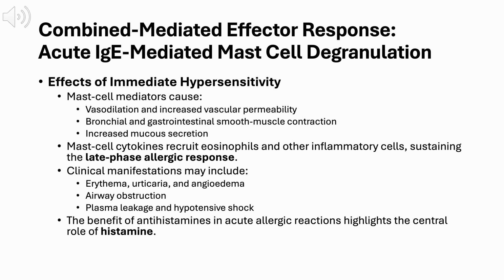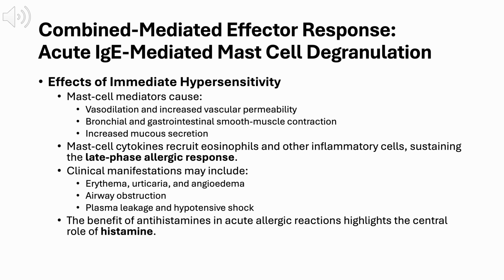Let's translate all those mediators into what you actually observe clinically, and then close the loop on treatment. The mast cell mediators produce vasodilation and increased vascular permeability, contraction of bronchial and gastrointestinal smooth muscle, and increased mucus secretion, the physiological core of an allergic reaction.